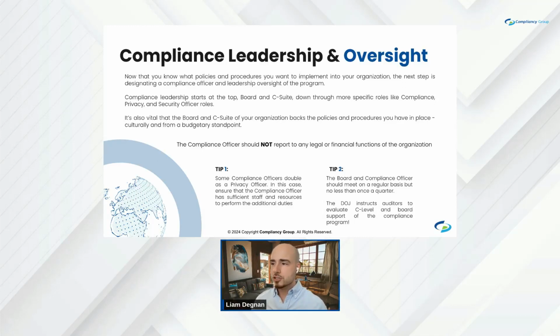The reason why we mention the board and the C-suite here is because the Department of Justice has specifically released guidance recommending that auditors and regulators audit and investigate board and C-suite involvement in the culture of your compliance program. Okay.